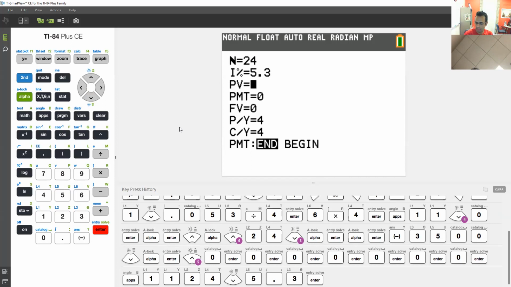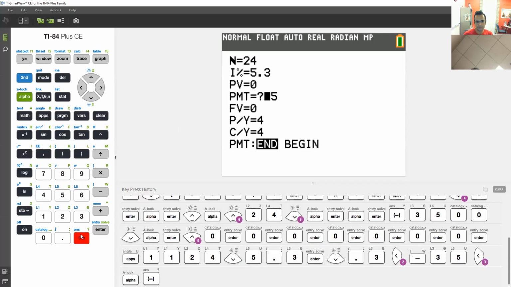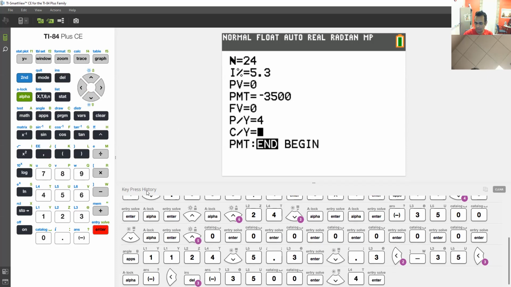The present value is 0. This is going to be negative 3,500. And then I'm going to leave the future value as 0 for now, and then we have 4 and 4, and then the payment at the end. So then the future value, Alpha Enter, is 98,134.48, which is what I had gotten on the previous video.